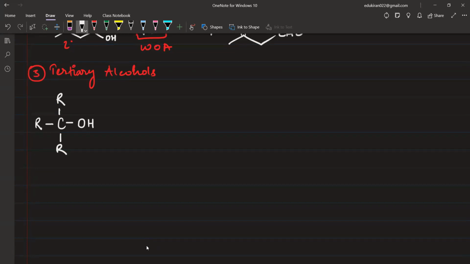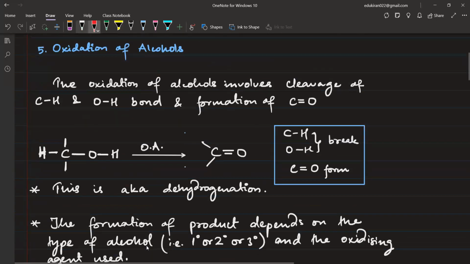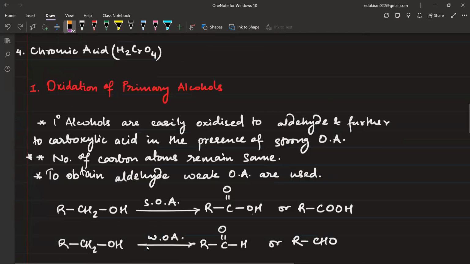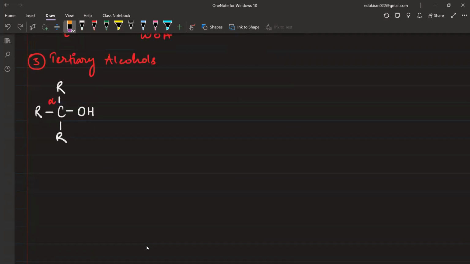Now what you see here is that this alpha carbon atom does not have any hydrogen. And the requirement for this type of reaction was that carbon should also have hydrogen and oxygen should also have hydrogen. Since carbon does not have hydrogen, it's very difficult to oxidize tertiary alcohols, because of the absence of alpha hydrogen. So please write, these are difficult to oxidize.